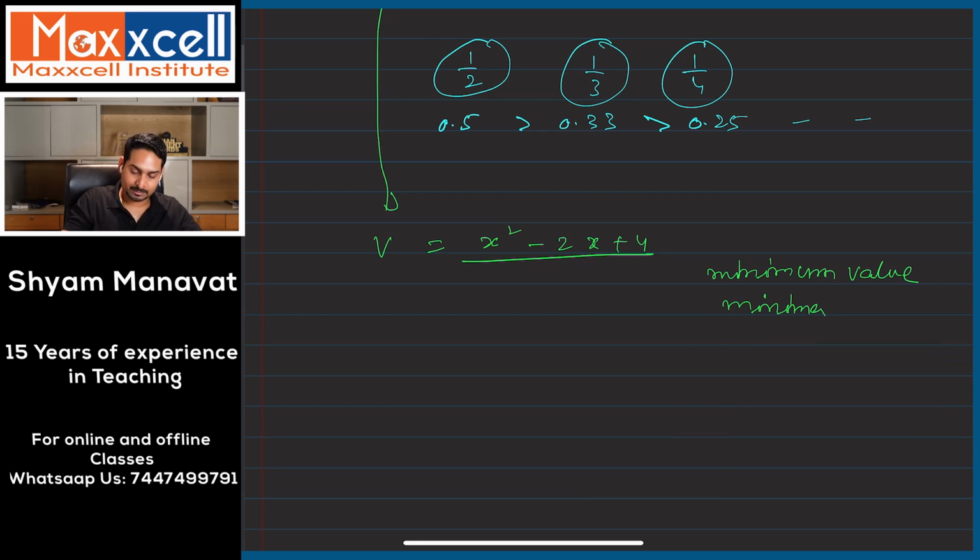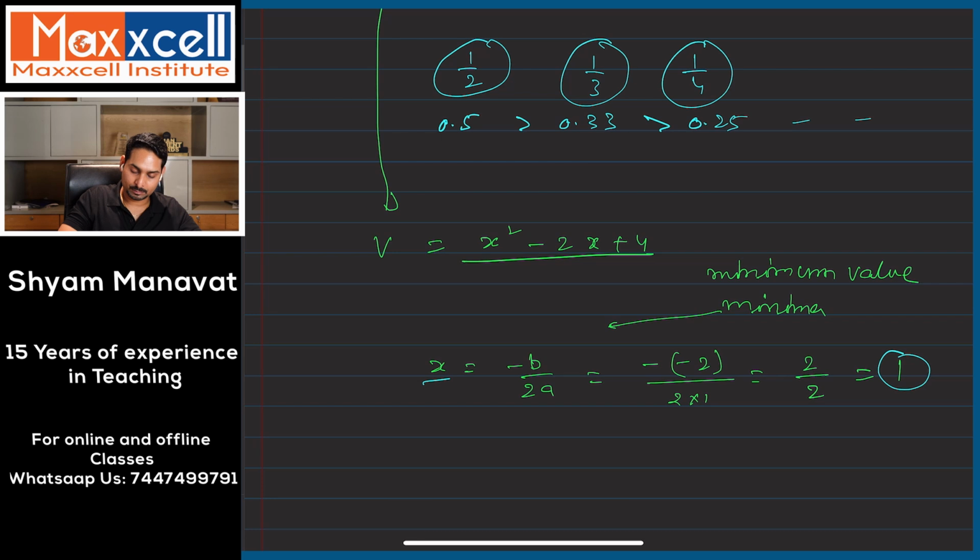The minima here will be x equal to minus b upon 2a. Here, minus of minus 2 divided by 2a. So 2 into 1. This is plus 2 by 2, which is going to be 1. So minima is what? x, which is 1.